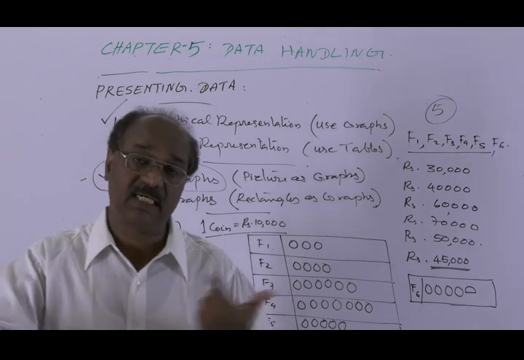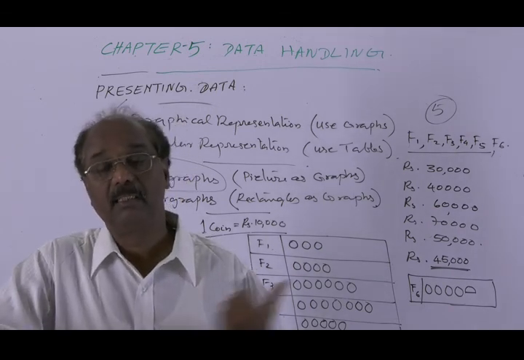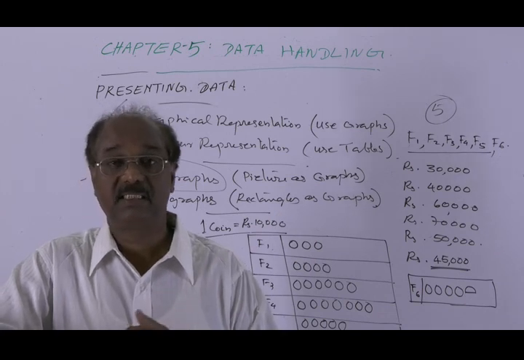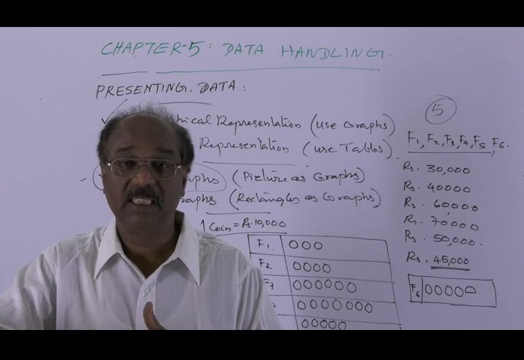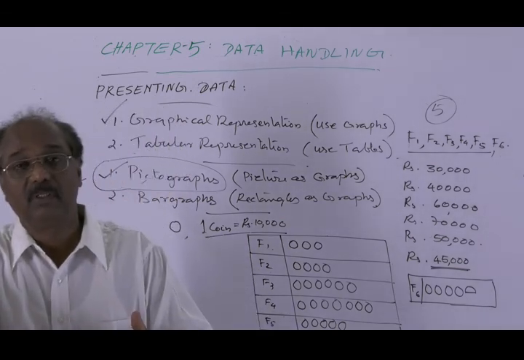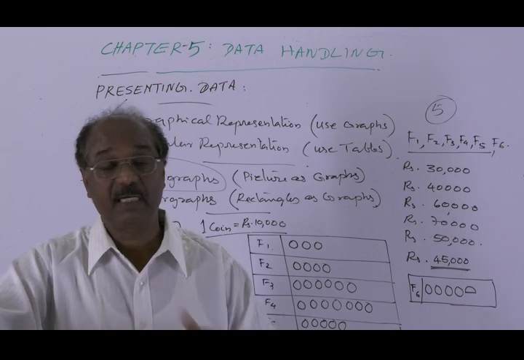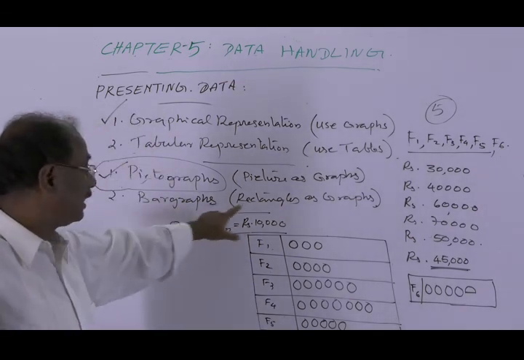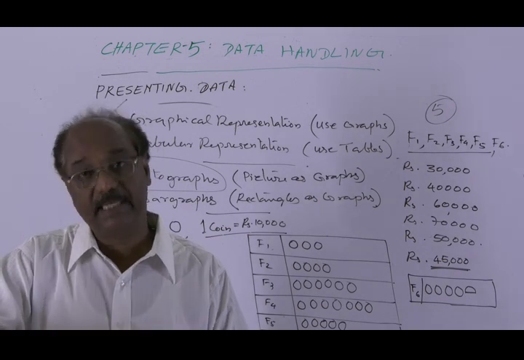In a similar fashion, any data can be represented by pictures of any type. So this is the pictograph, the graphical representation. The next graphical representation is bar graphs, that is rectangles as graphs, which will be discussed in the next video.